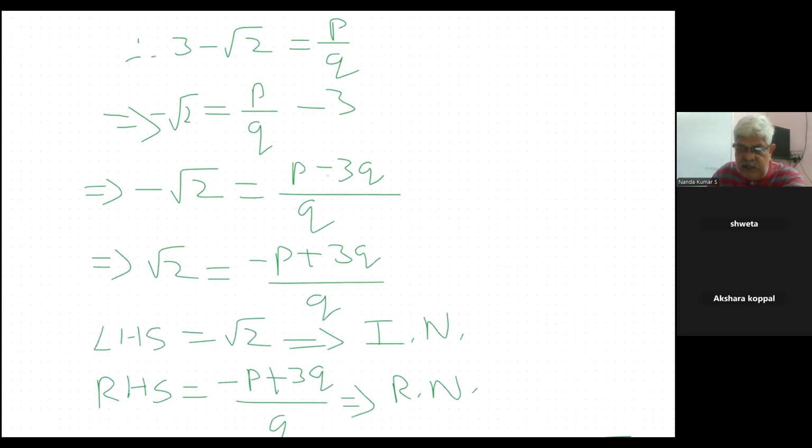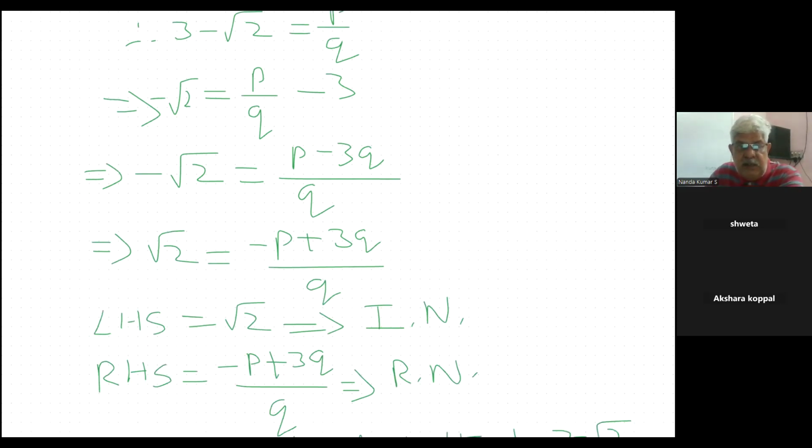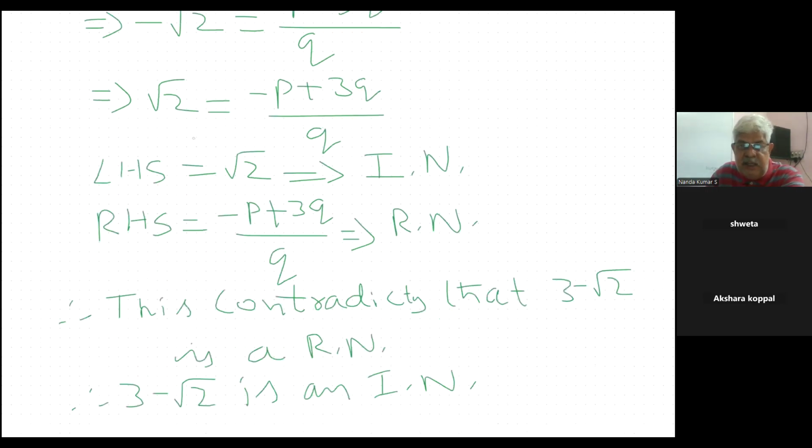Now observe the left hand and right hand conditions. Left hand is a root number which is an irrational number, but right hand is a non-root number which is considered a rational number. Here LHS is not equal to RHS, therefore this contradiction arises against the assumption that 3 minus root 2 is a rational number. Therefore we have proved 3 minus root 2 is an irrational number.